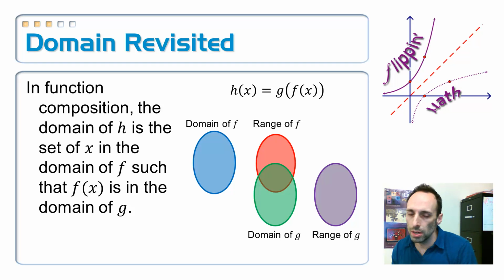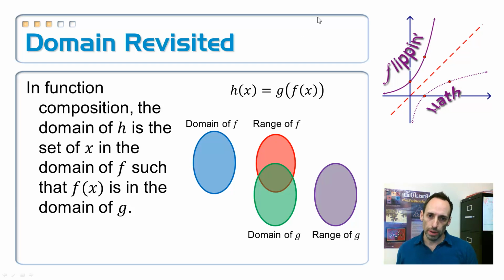Do you see what I'm saying? So in function composition, the domain of your new function, h of x, is the set of all x's in the interior function, f of x, such that f of x, its range, is in the domain of g of x. Whew.